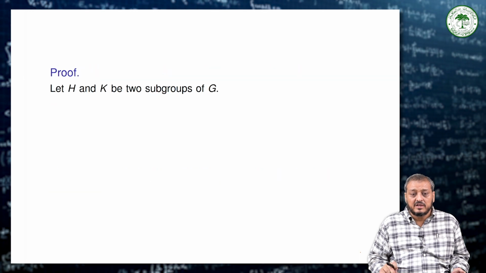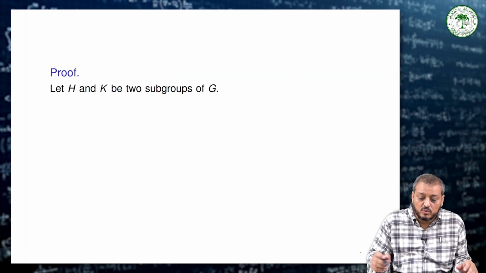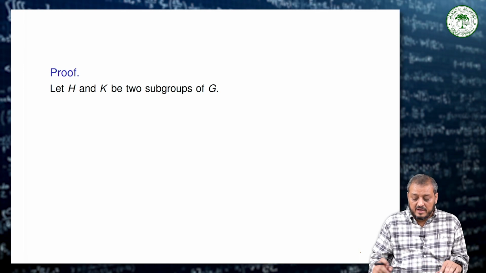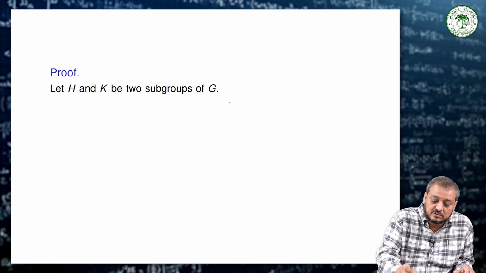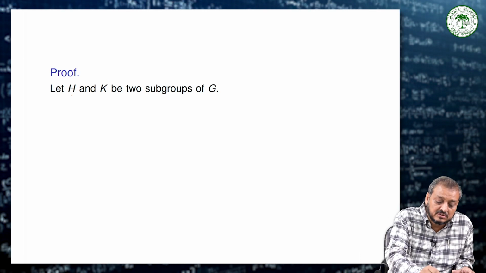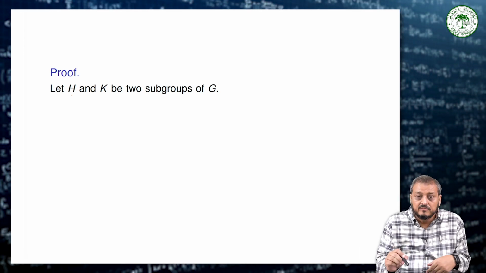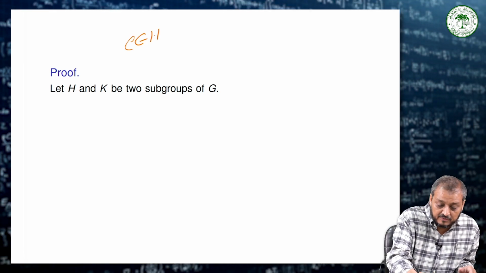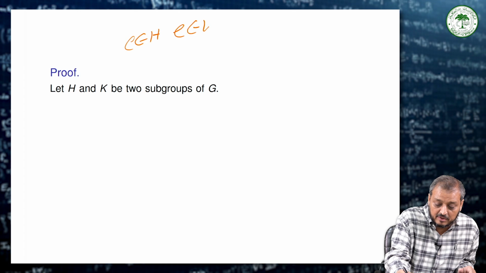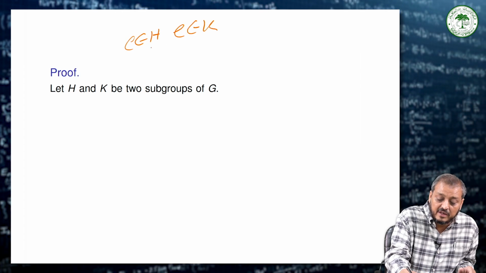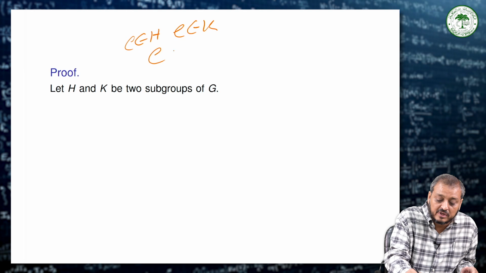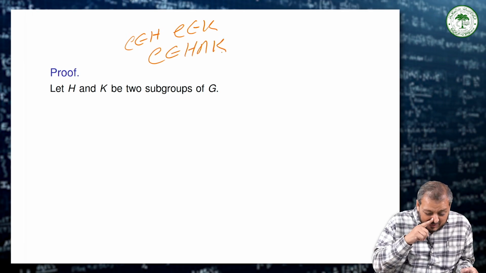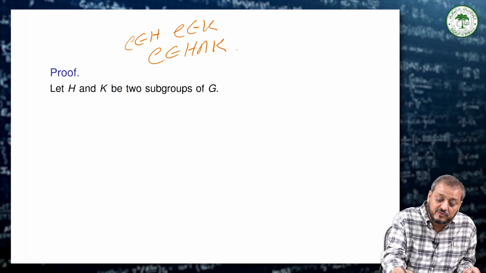So let us begin. Let H and K be any two subgroups of the group G. Then the identity element belongs to G, and clearly the identity is an element of H and the identity is an element of K. So the identity element is in H intersection K also.